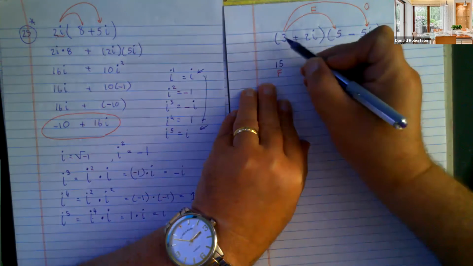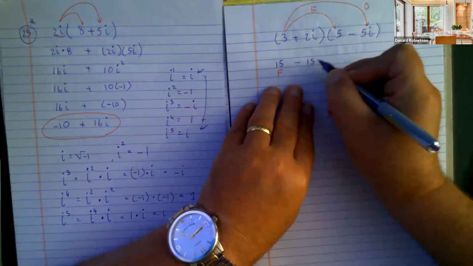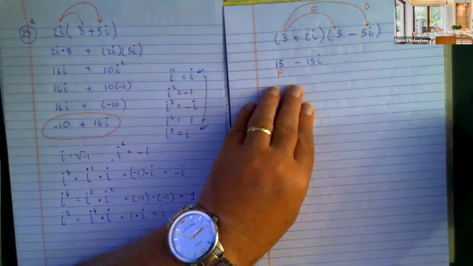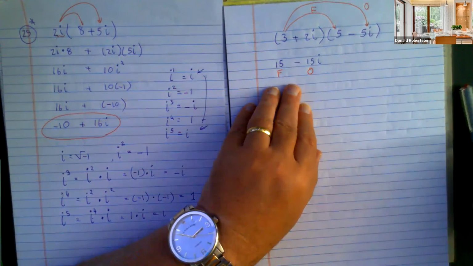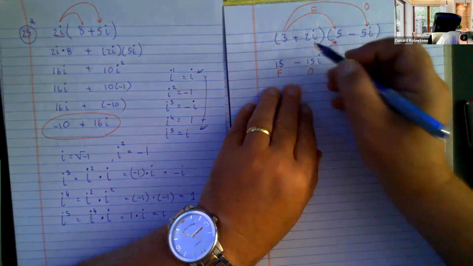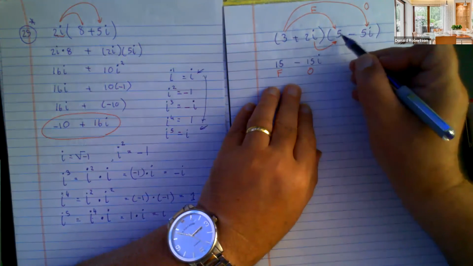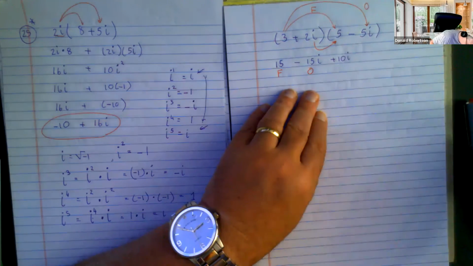And 3 times -5i gets you -15i. Now you want to do the I, it's the inside two. And positive 2i times positive 5 gets you positive 10i.